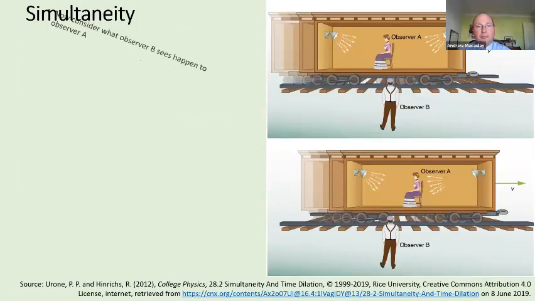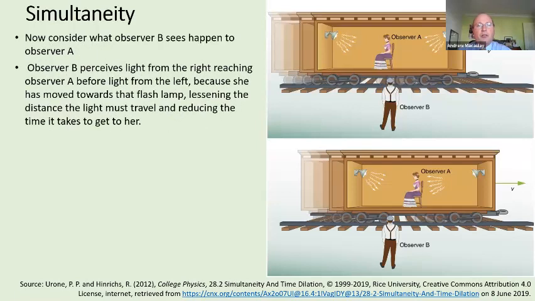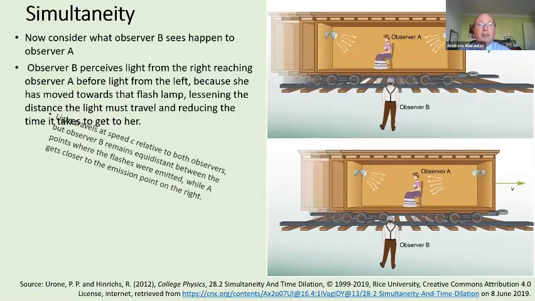But what else can we say? What does observer B see happens to observer A? Observer B sees light from the right reaching observer A before the light from the left because she has moved towards the flash lamp, lessening the distance the light must travel, reducing the time it takes to get to her.